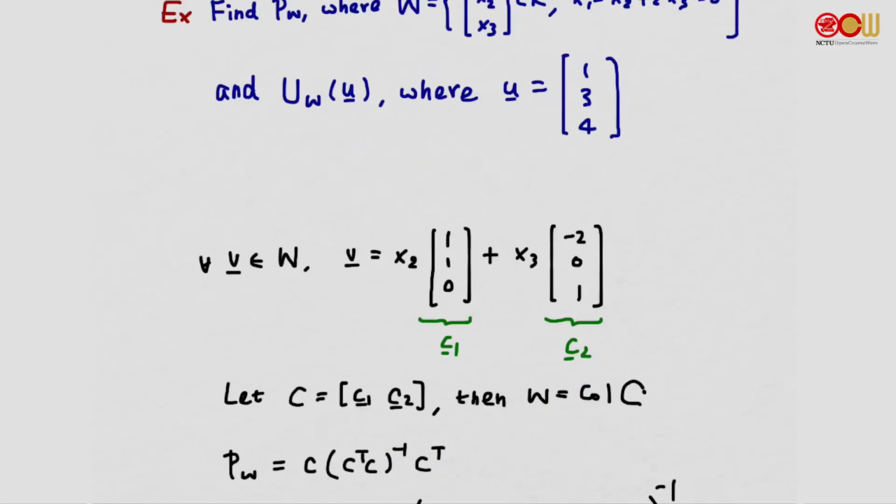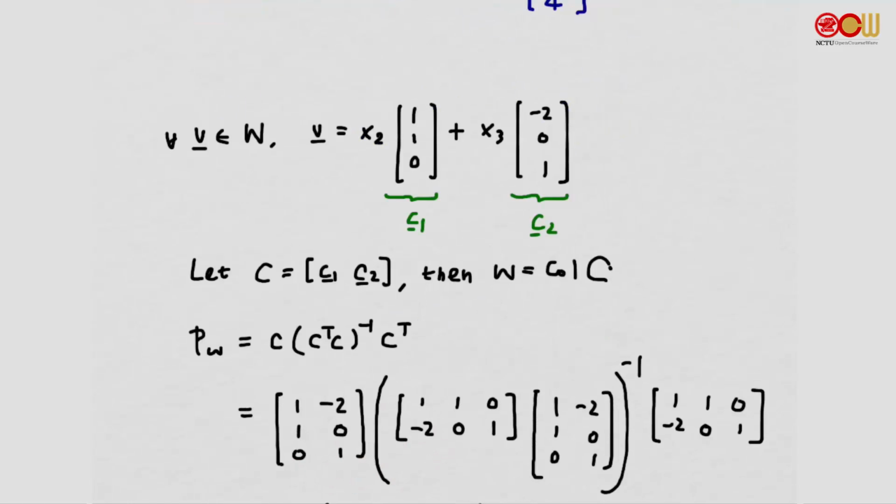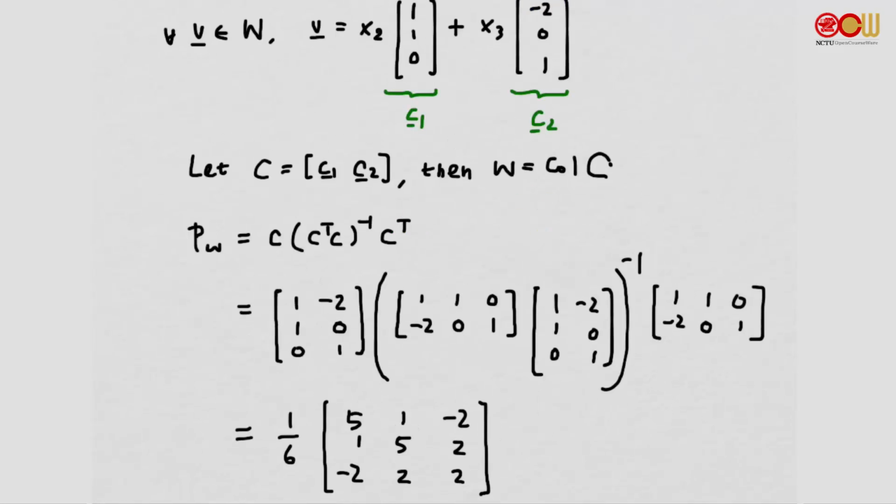So P_W is C (C transpose C) inverse C transpose. Plug in the matrix C here, and the product gives us this matrix P_W.